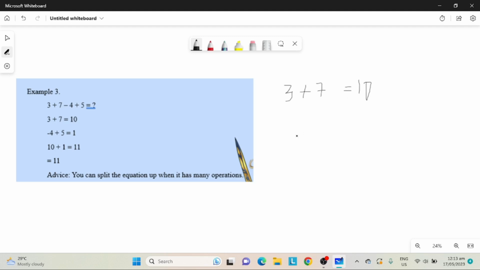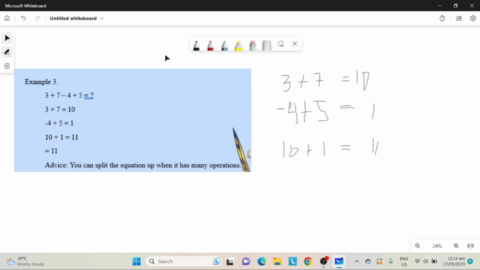After that, copy the third and fourth numbers, negative 4 and then positive 5. Take note, just stay that 10 here, we'll use it later. Do the operation: negative 4 plus 5 is equal to 1. After that, copy the 10, the 1, and the sign of 1, which is plus. Then combine, you have 11.